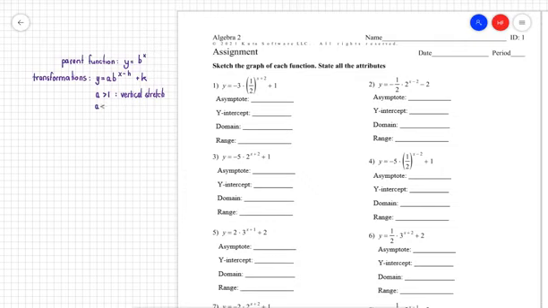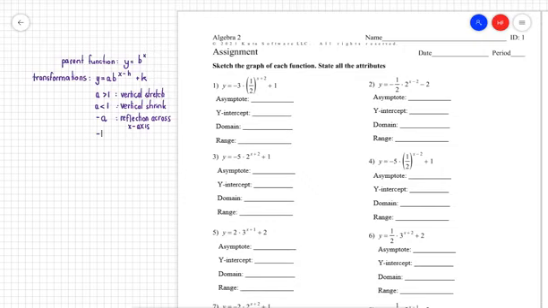If we have an a less than 1, so a fraction, we have a vertical shrink. If we have a negative a, then that is a reflection across the x-axis.